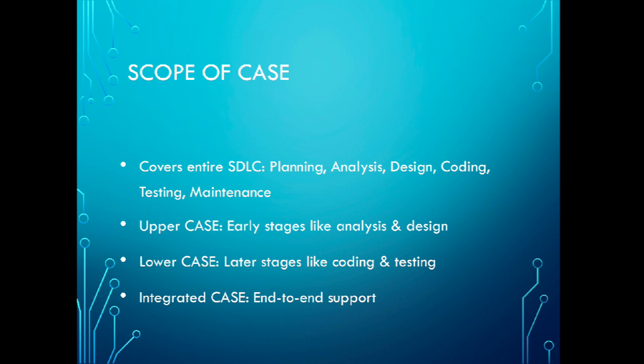The next phase is the coding phase. This is where developers write the actual code. Some advanced CASE tools can even automatically generate skeleton code from the design diagrams, saving developers a huge amount of time on repetitive boilerplate tasks. What's the next phase, students? It is obviously the testing phase.